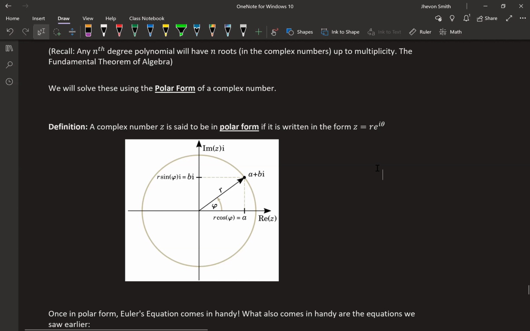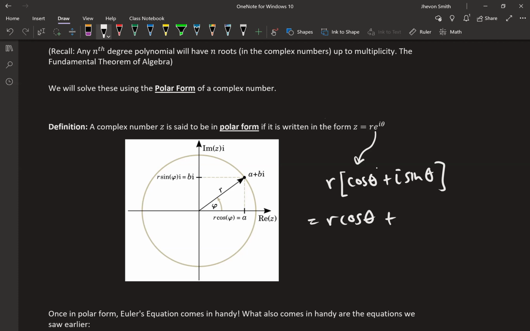And that's really you taking into account that this is going to be r times (cosine θ plus i sine θ), which is r cosine θ plus i r sine θ.